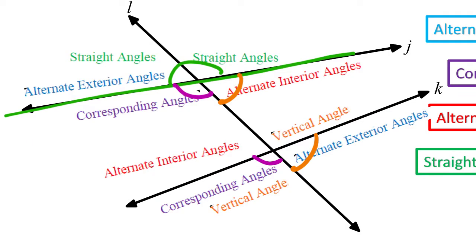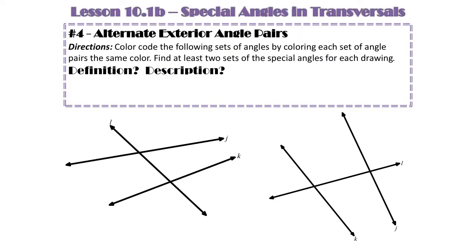This one we're assuming that line L is the transversal with relationship to lines J and K. If I said line J was the transversal, then I may have to rethink which ones are interior and which ones are exterior. So I'm just going to mark these. I'm going to try to color code these, so that usually means I wouldn't use blue. We'll see if I have to though.